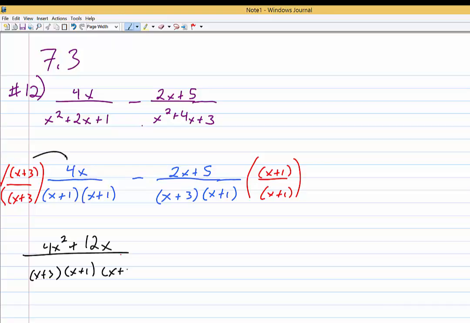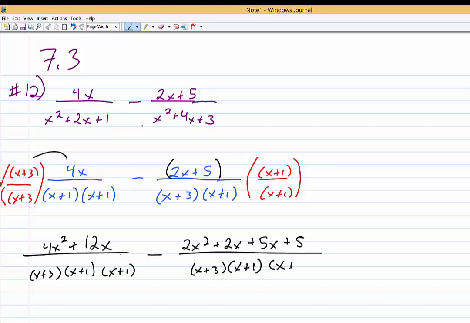On the right, 2x times x gives 2x squared, 2x times 1 gives 2x, 5 times x gives 5x, and 5 times 1 gives 5, all over the common denominator (x plus 3)(x plus 1)(x plus 1).